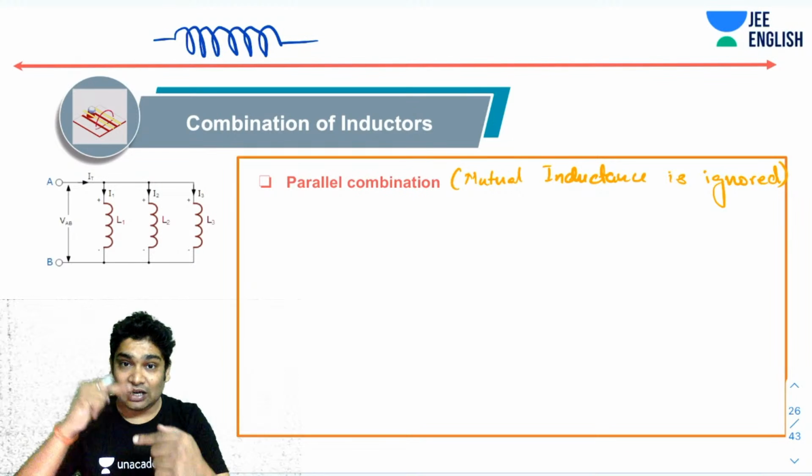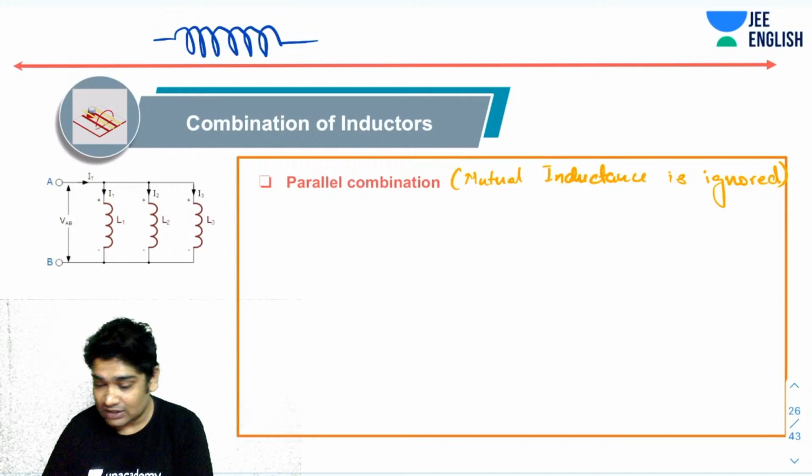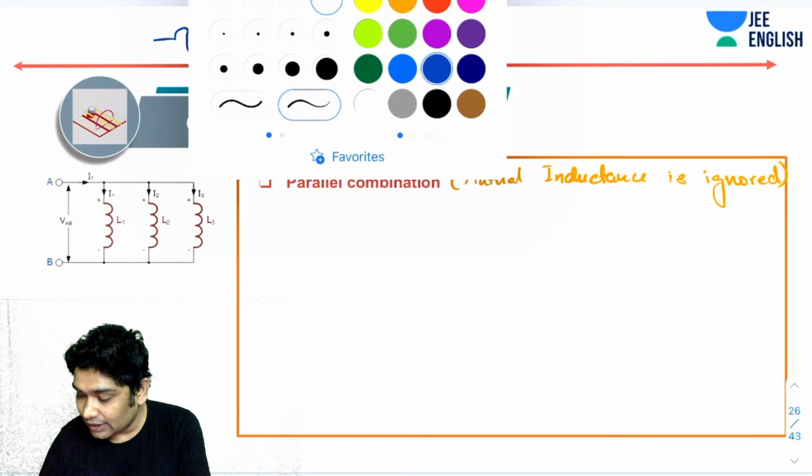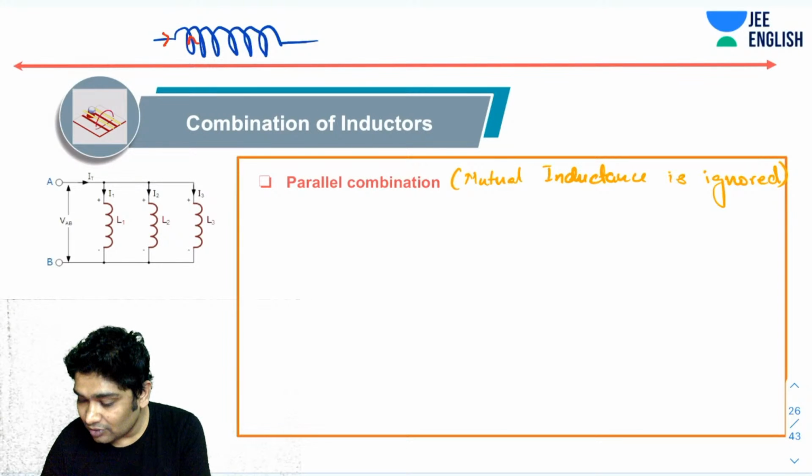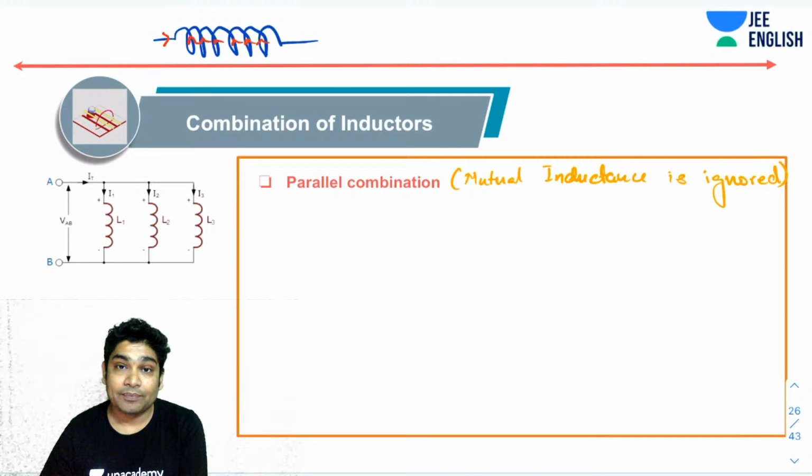The current is going from the outer side to the inner side. That is how the current is flowing in this coil.